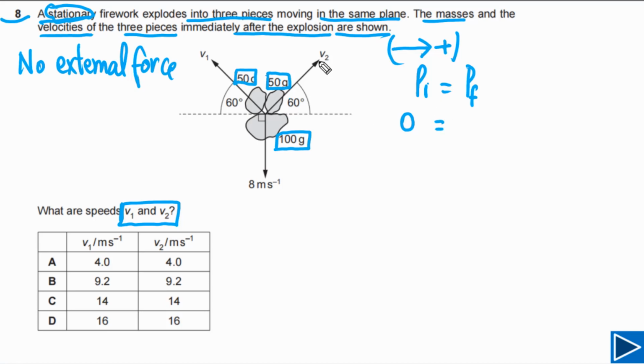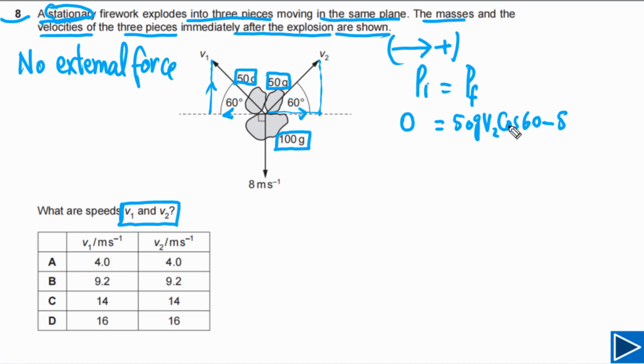Now, if we look at the momentum of this piece along the horizontal, along the x direction, this is positive. So we can write 50 gram times V2 cosine of 60 degrees. Now for piece 1, the velocity is to the left, so we take this as negative because we have taken right as positive.